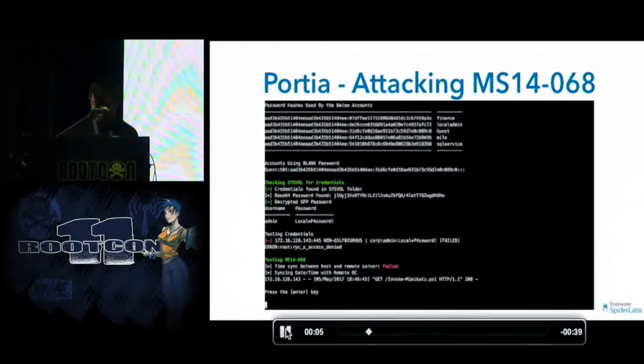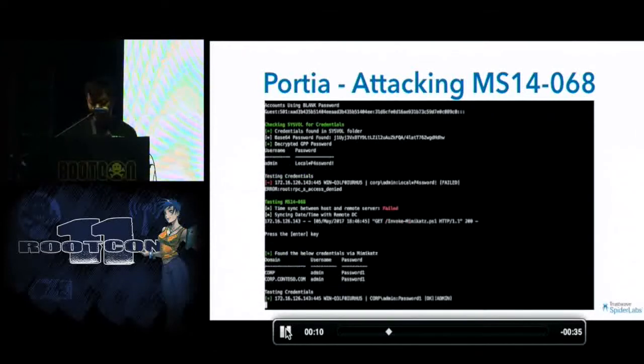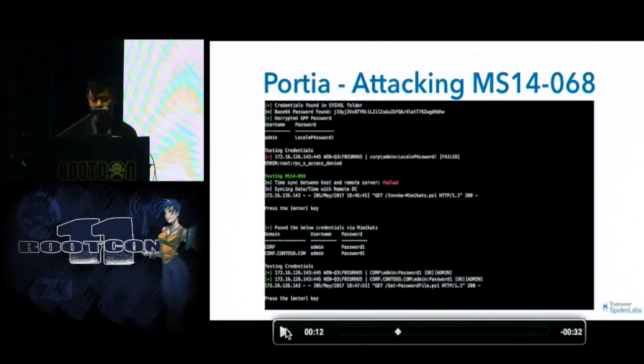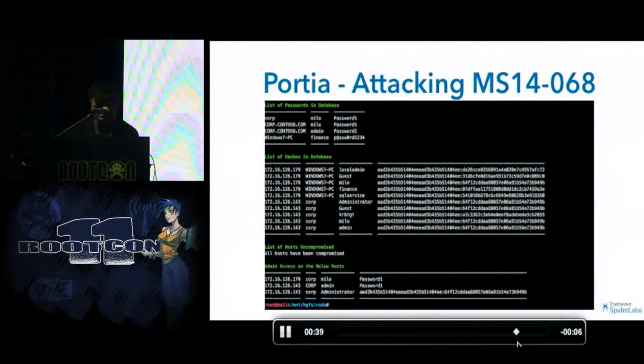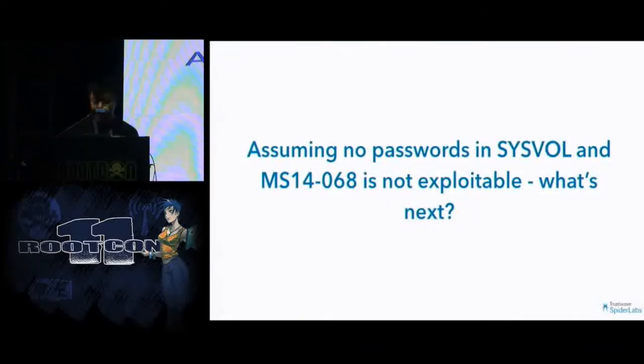Then it checks whether it is exploitable, and then it runs unit tests on the host to download test credentials followed by hashes, partial hashes. And then it does some analysis, like which hash is used by which account, and what passwords are used to compromise the host. So assuming there's no password in the SYSVOL folder, then MS14-068 is not exploitable.